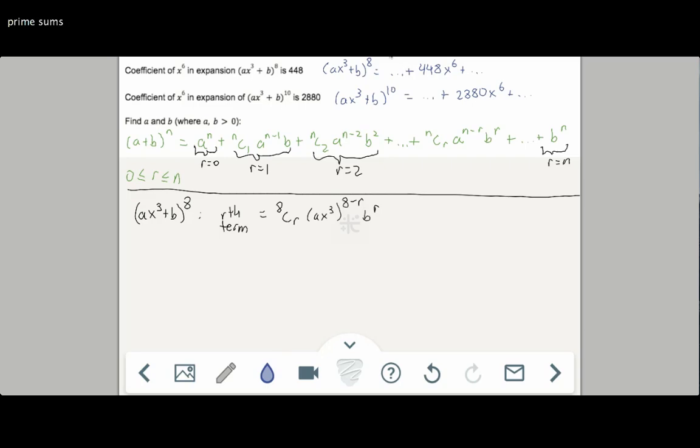And now for us to get x^6, this ax^3 here has to be squared. If we have (ax^3) squared, this is going to be a^2 x^6. We multiply out the exponents. So we need the exponent here to be 2 for us to get x^6. So basically, 8 minus r has to be 2, and therefore r equals 6. So x^6 occurs at the r equals 6 term.